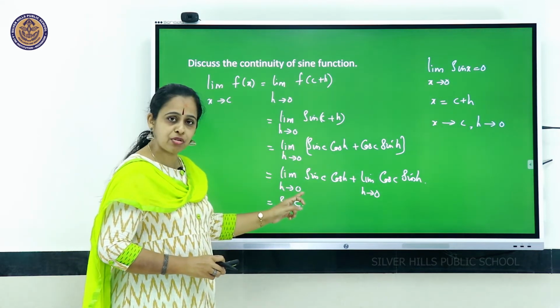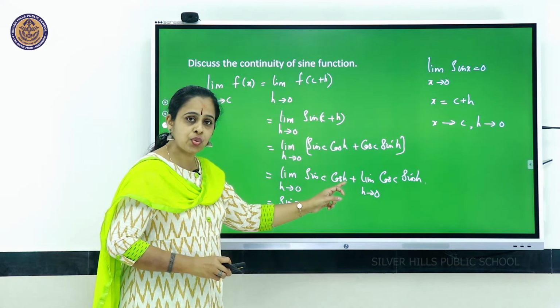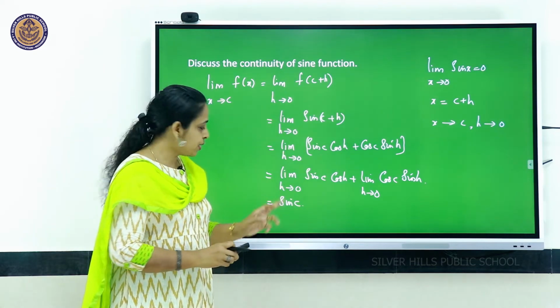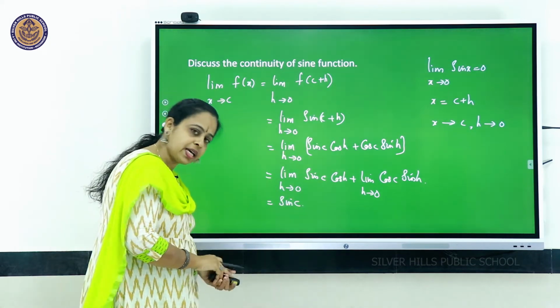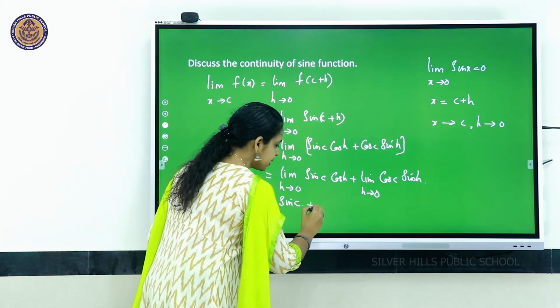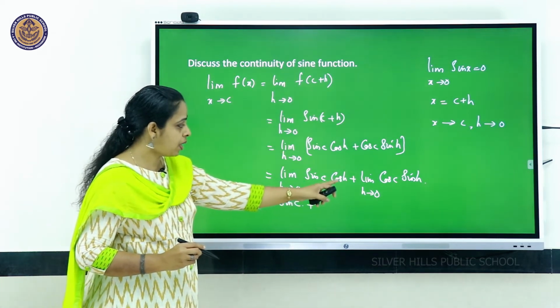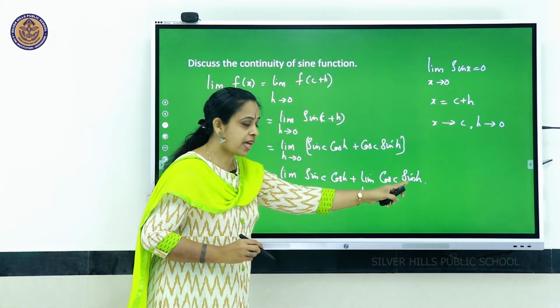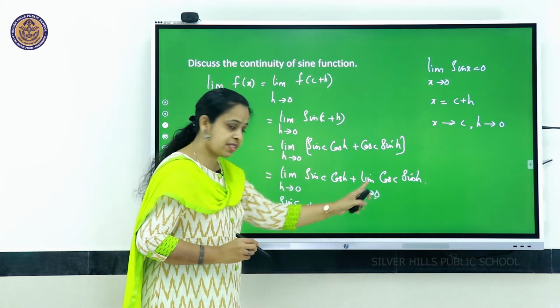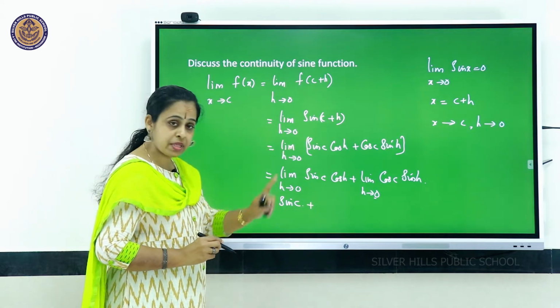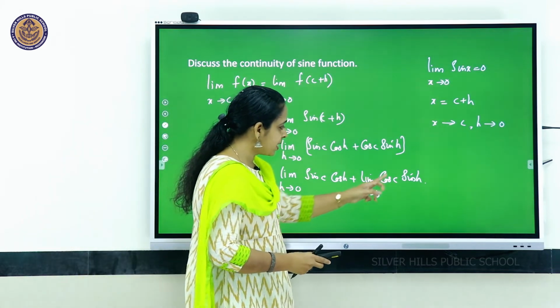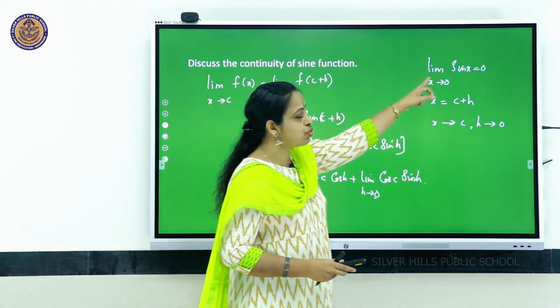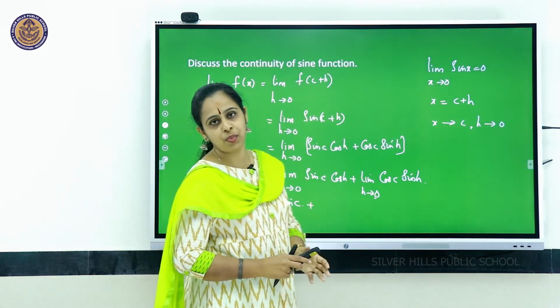When h is tending to 0, cos h will become 1. So, sin c into 1, sin c itself, plus what will happen here? Here h is tending to 0, sin h, cos c is constant, which can be taken outside, limit of sin h as h tends to 0, which is 0.